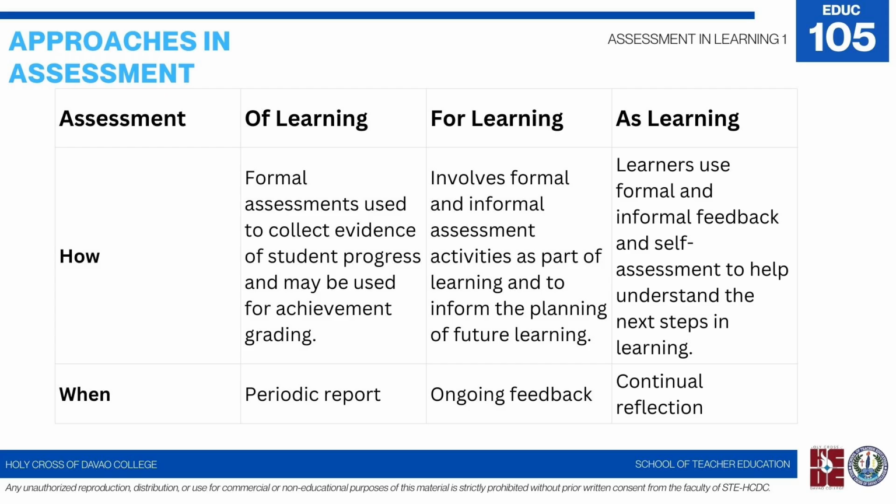Let us not be fixated, because we can still have formative assessment even with hand signals or non-verbal cues from our learners. And for assessment as learning, it can also be through formal and informal feedback and self-assessment through the use of reflection or journal entries.